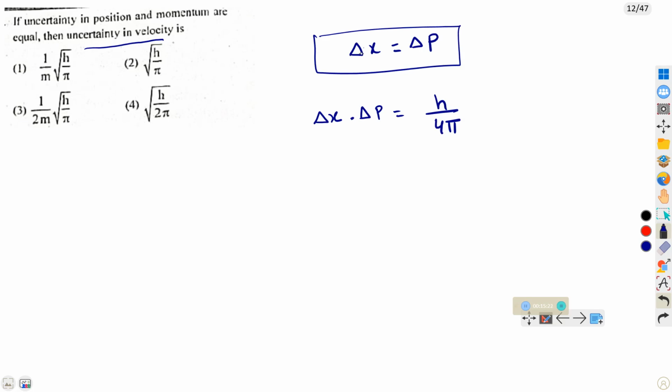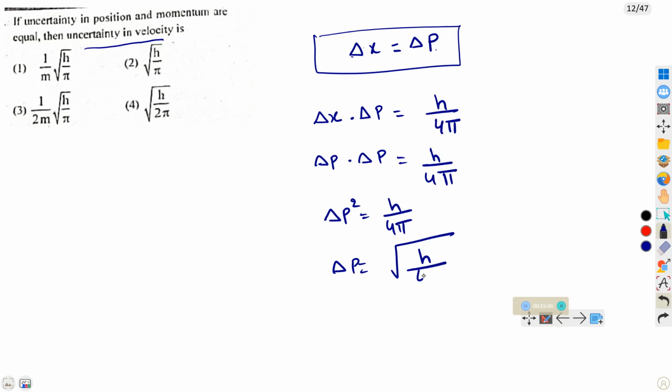The value of delta x is equal to delta p, so substitute: delta p into delta p is equal to h by 4 pi. Delta p square is equal to h by 4 pi. Delta p is equal to square root of h by 4 pi.